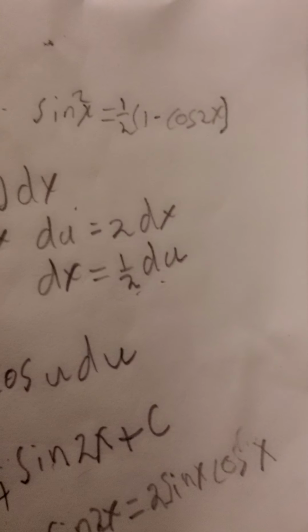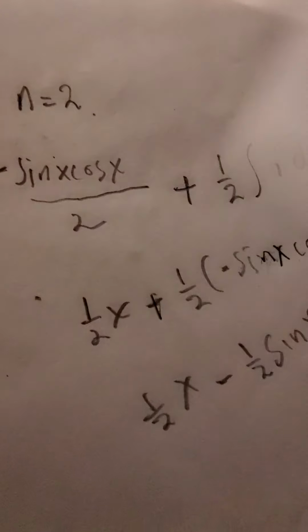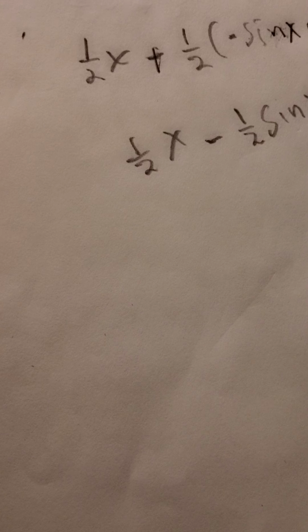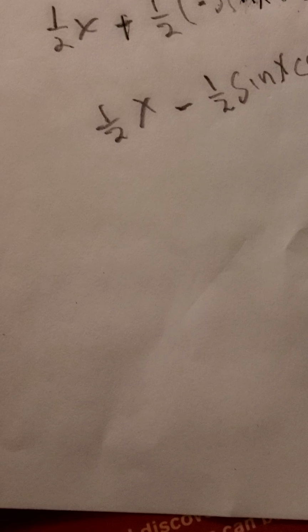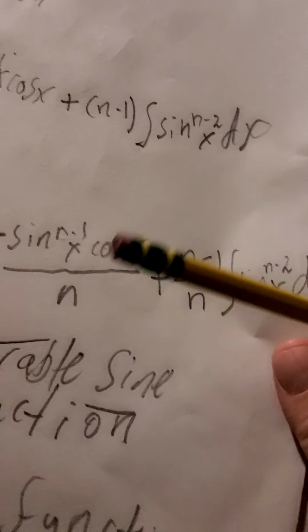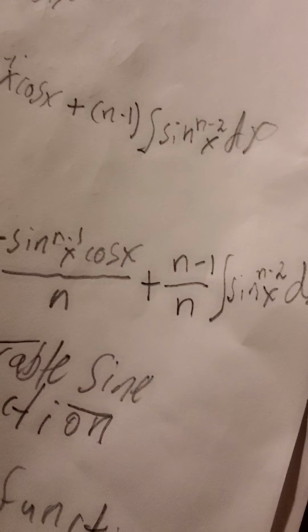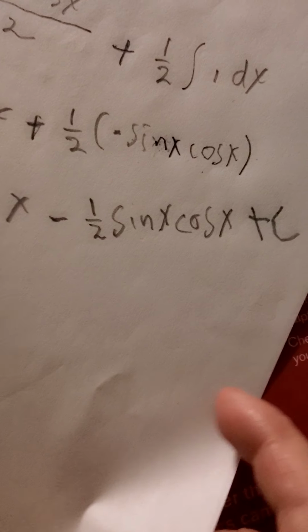I discovered that. And then when I used the reduction formula, which is right here, I used this formula here, and I plugged everything in. I ended up with the same answer.